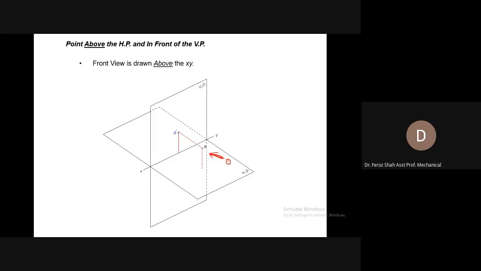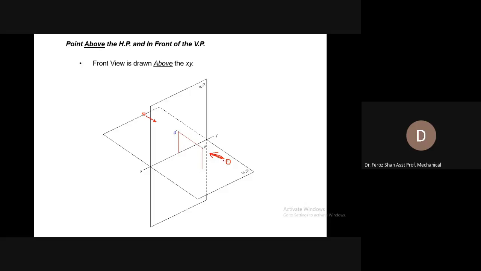You can also look at it from the other side as well. Then the observer would be, for example, here, and the reference plane or the projection plane, the vertical plane, would be in between the observer and the point.